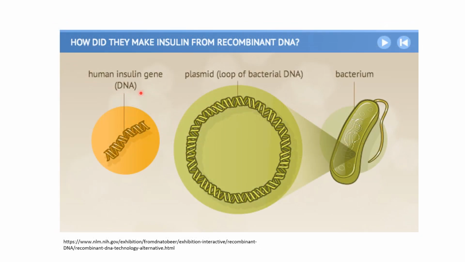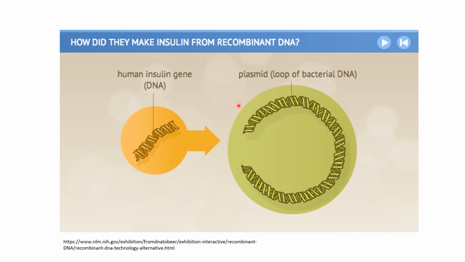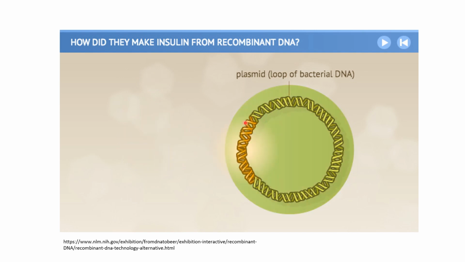Scientists build the human insulin gene in the laboratory. Then they remove a loop of bacterial DNA known as a plasmid, and they insert the human insulin gene into the plasmid. So we have here now a plasmid containing the human insulin gene.